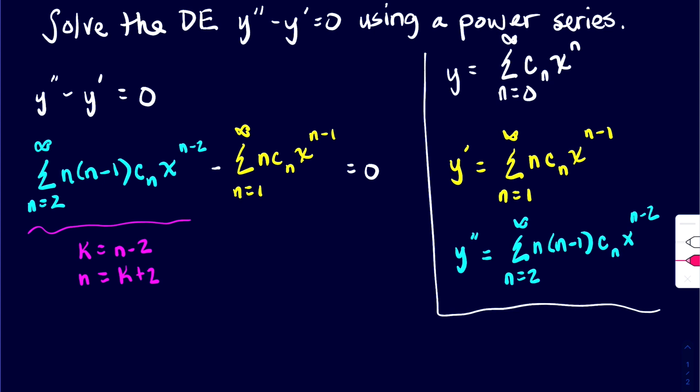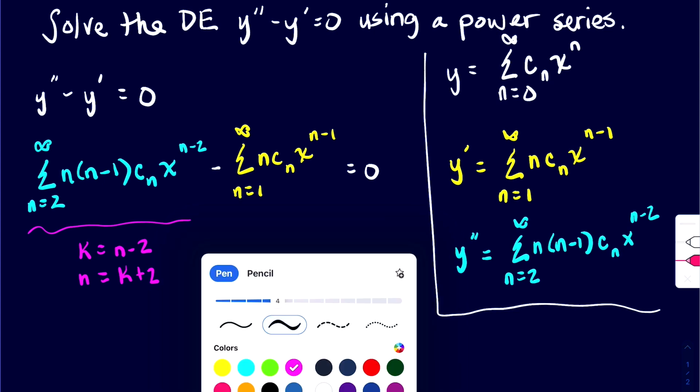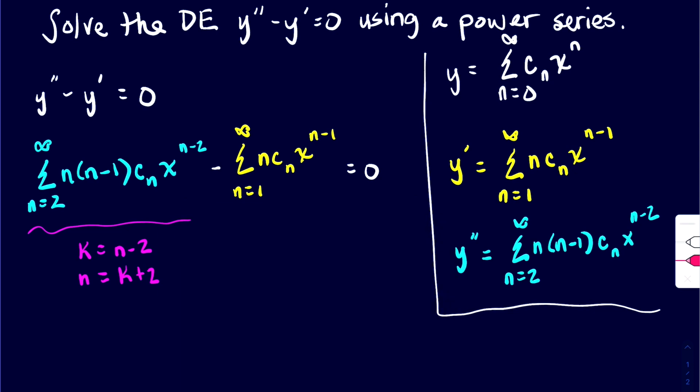And then on this other one, we would have k equal to n minus 1, which in turn would give us n equal to k plus 1.